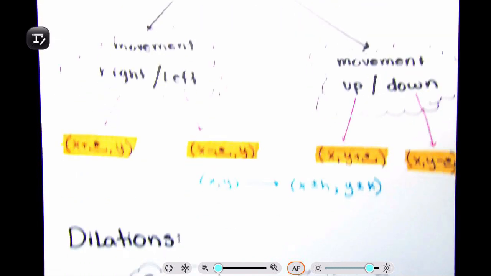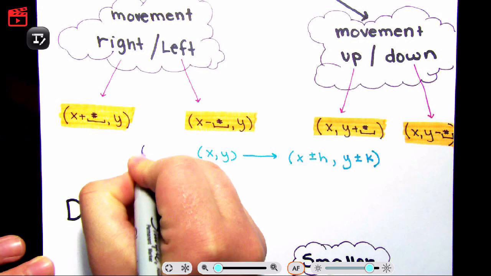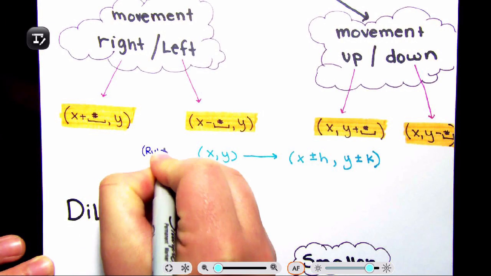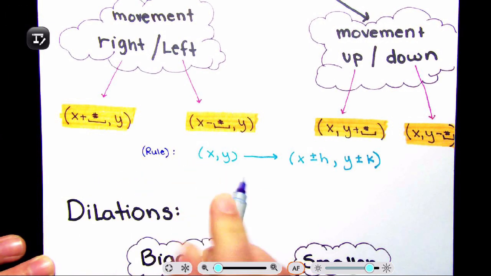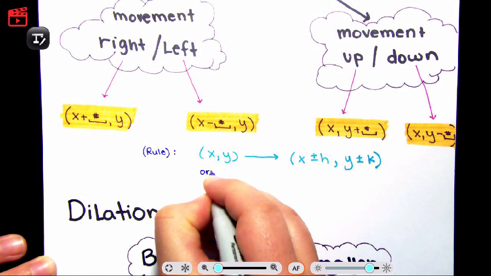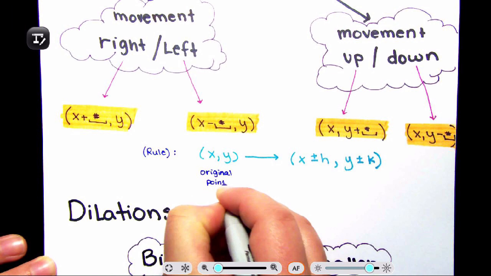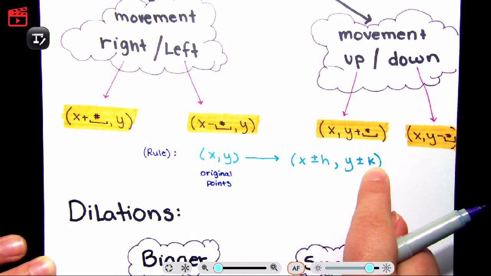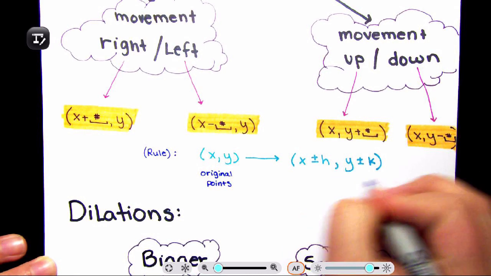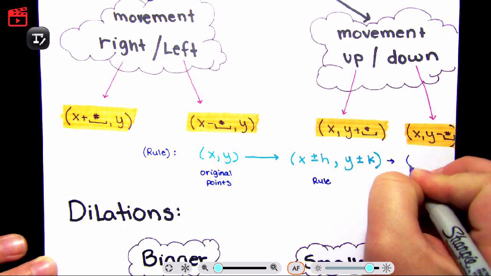So sometimes you're going to see it written this way. This is called a rule. And so for this rule, they're saying, hey, here is our pre-image. This is our original points. Here is our rule, and then output.